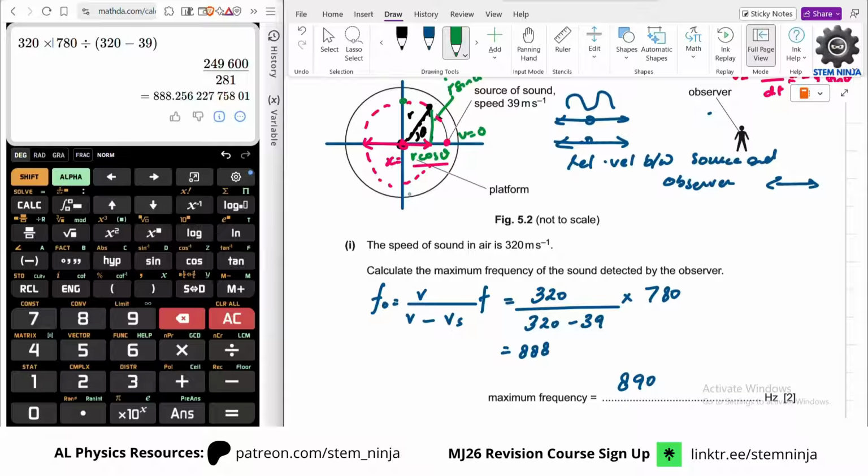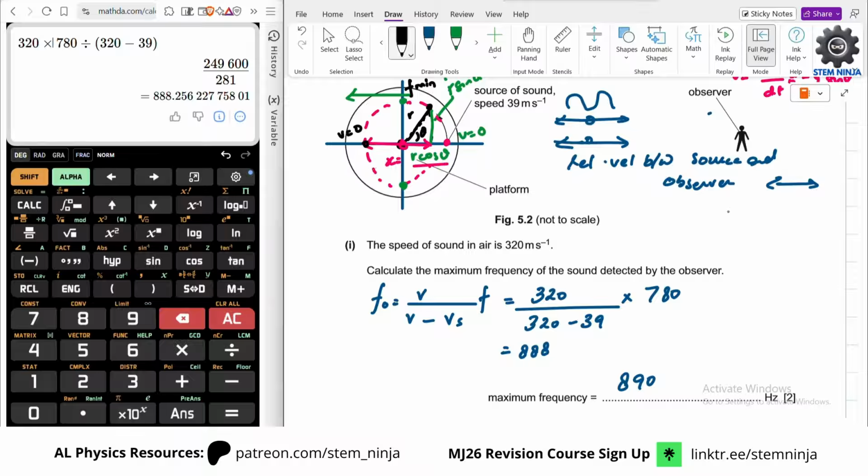At this point or at this point, velocity is maximum. However, since at this point it's going away from the observer, velocity would be maximum but frequency minimum. At this point, again, velocity is 0, so frequency would be back to the original one.